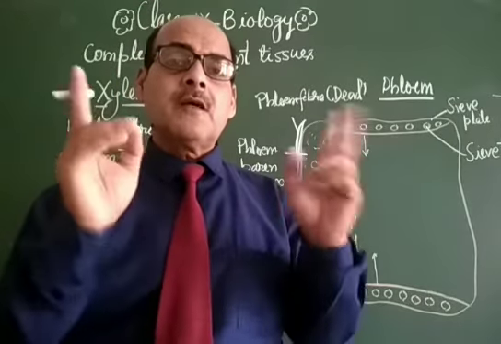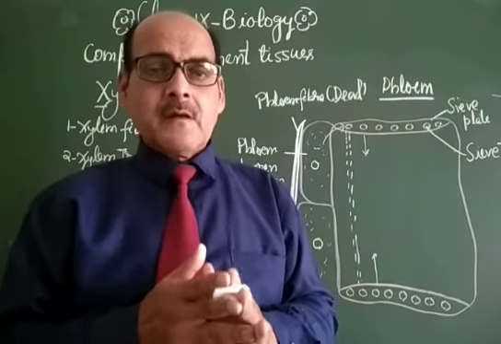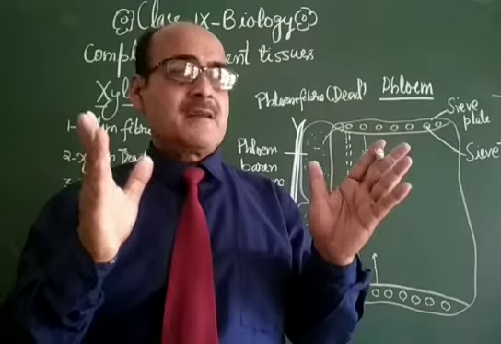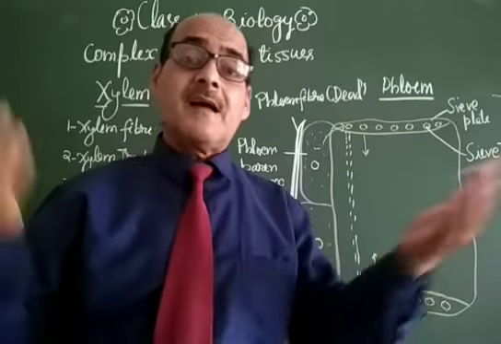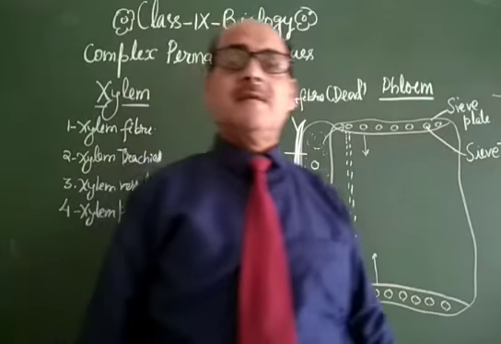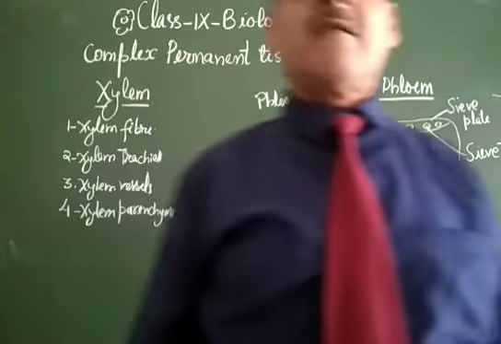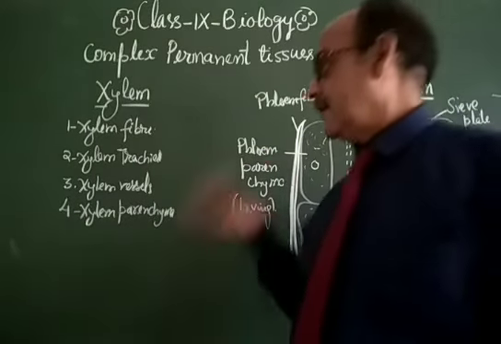So you can say that transpiration in the night is called guttation. It's very simple. And transpiration in the day is the water evaporation. Water gets evaporated from the leaves.